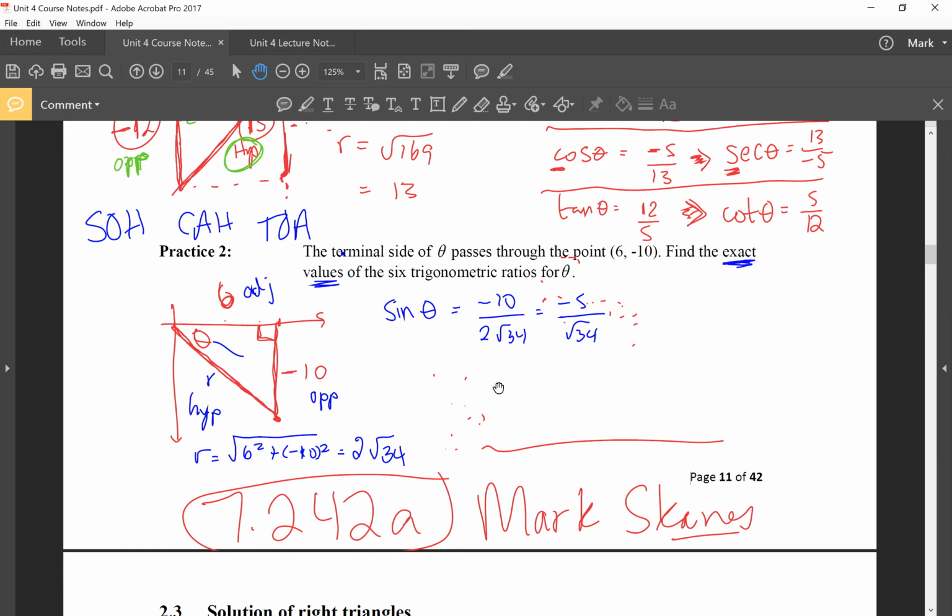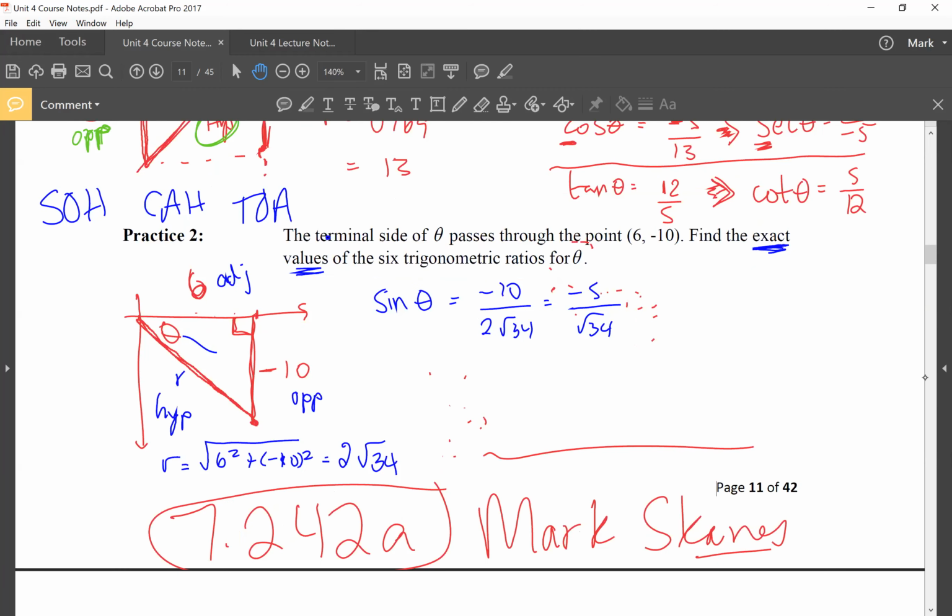I'm going to have to zoom in a bit. Okay, if I zoom in, I can write a little smaller, but then this happens. Cosine, CAH, is my adjacent, so it's going to be 6 over 2 root 34, which I can simplify to 3 over root 34.